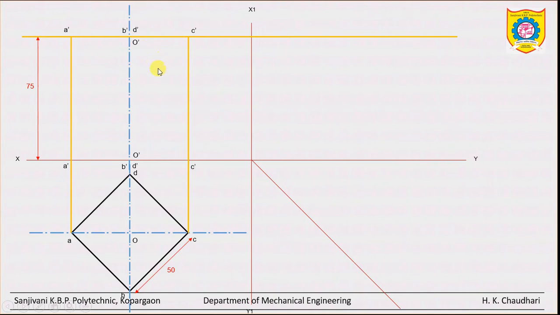Now see, extend this center line to draw the side view up to here, and then turn it through 90 degrees. This is the axis of the vertical prism in the side view. So we are drawing the side view of this prism. Label the axis O double dash, O double dash. Now take the projection from this top view and turn it into the side view.